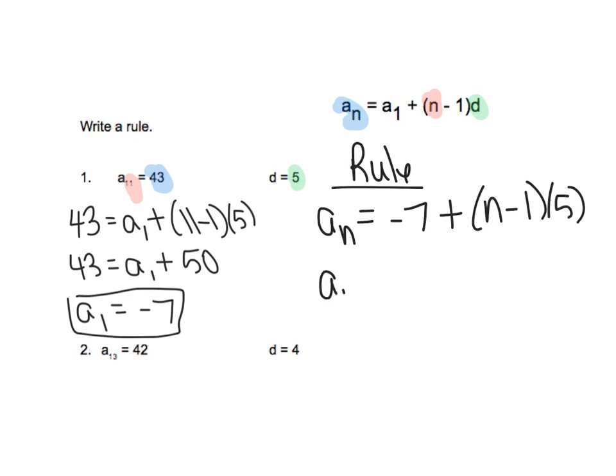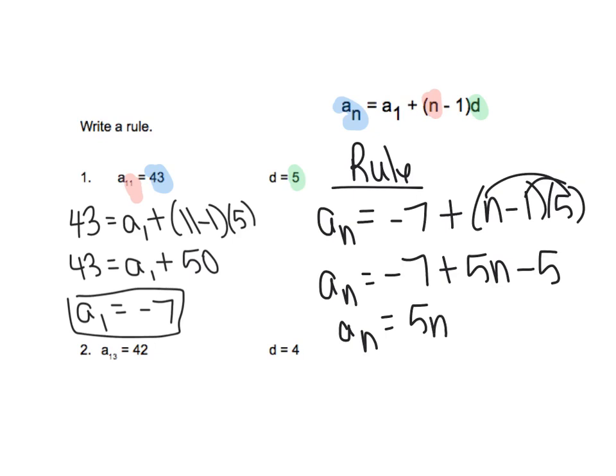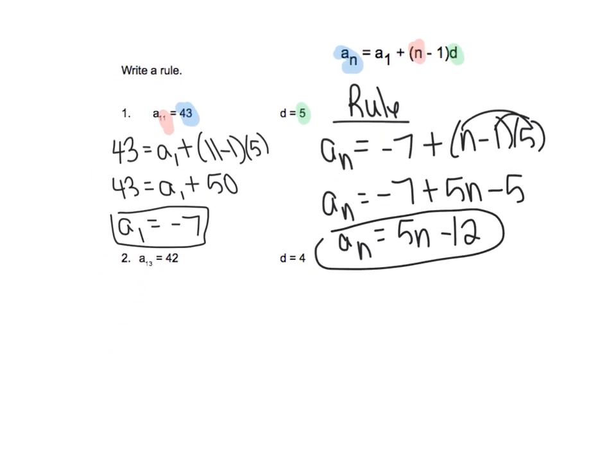So I have a sub n equals negative 7 plus, if I distribute that 5, 5n minus 5. If I put my like terms together, I get a sub n equals 5n minus 12.